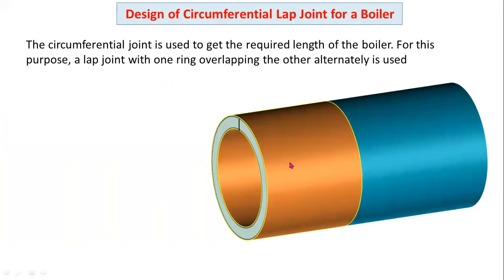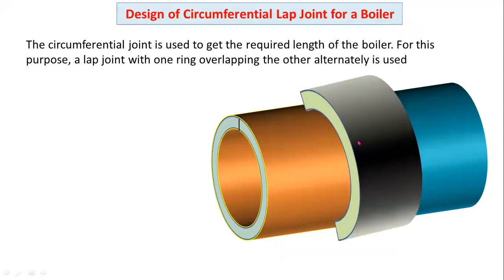Here these are the boilers. A circumferential joint is used to get the required length of the boiler. This is the circumferential lap joint, and these are the rivets.